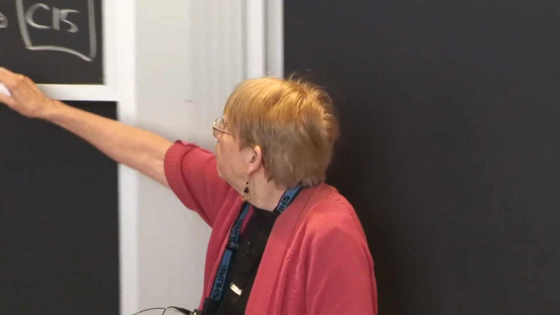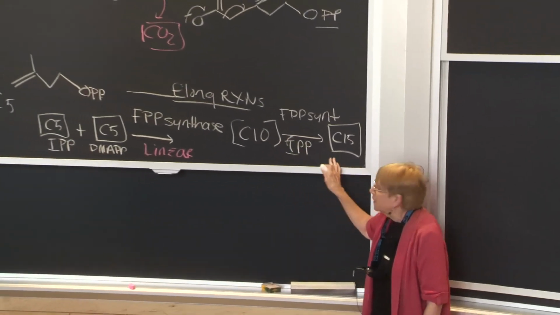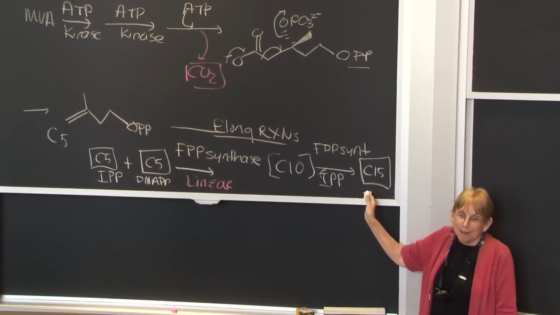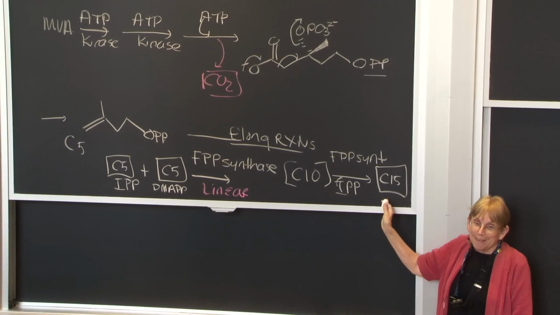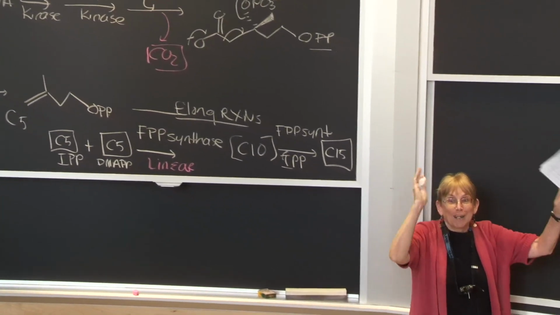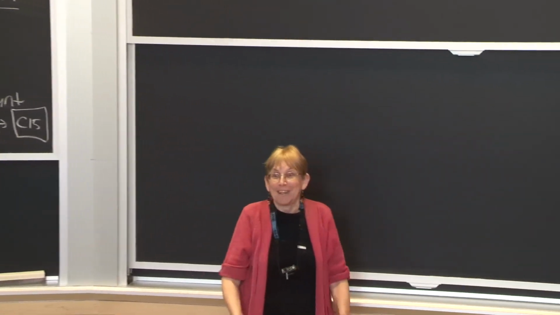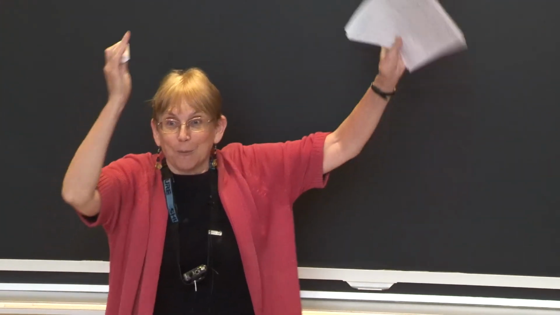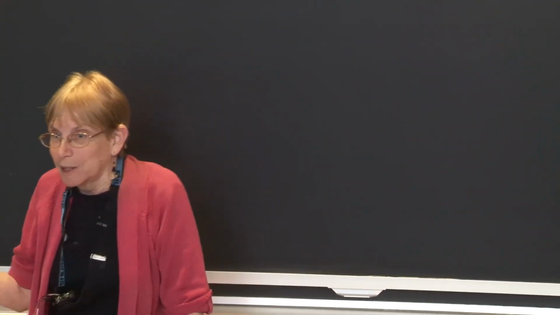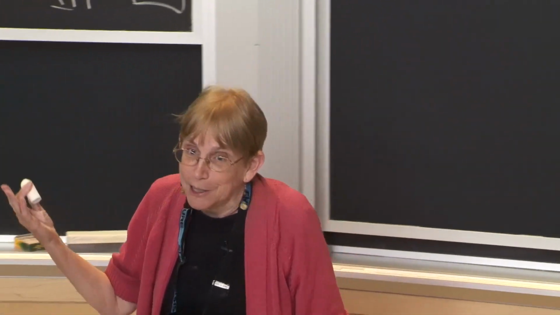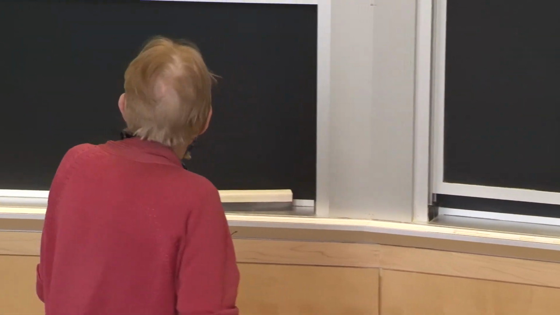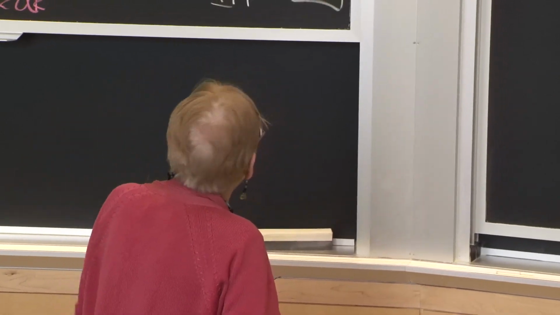And you can add another C5, isopentenyl pyrophosphate, that's a C15, that's called a sesquiterpene. Sesqui comes from 1.5. And then the next thing, if you add another 5, you have a C20, that's a diterpene. And if you go to a C30, that's a triterpene. The nomenclature, you can Google it, but the nomenclature is complicated. But that's where they come from, the different C5 units.